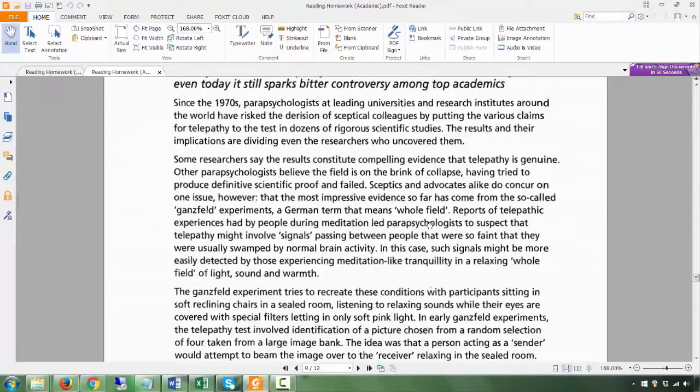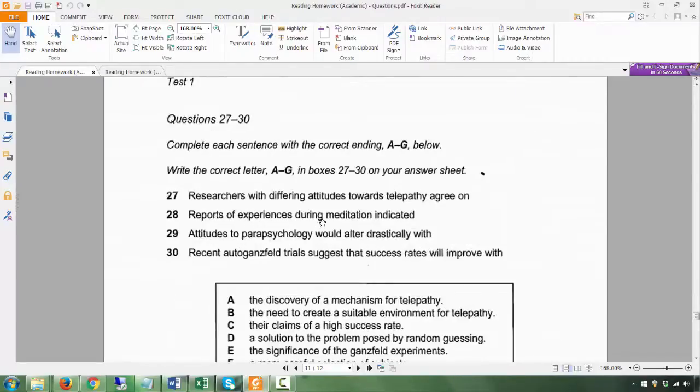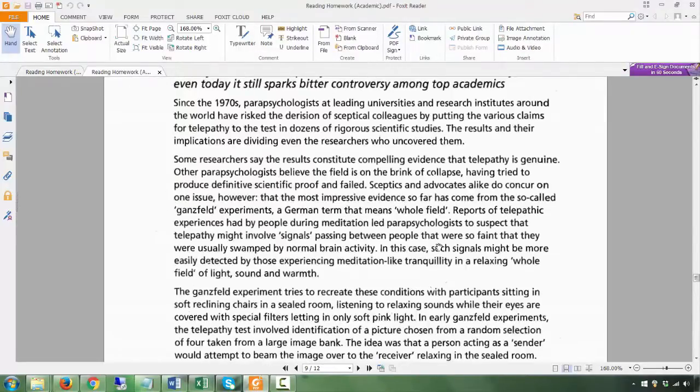Now, it involves signals passing between people that were so faint that they were usually swamped by a normal brain. In this case, such signals might be more easily detected by those experiencing meditation-like tranquility in a relaxing whole field of light, sound, and warmth. Now, reports of experiences during meditation indicate the need to create a suitable environment for telepathy. So this is the result of all the experiments, that there is a need.